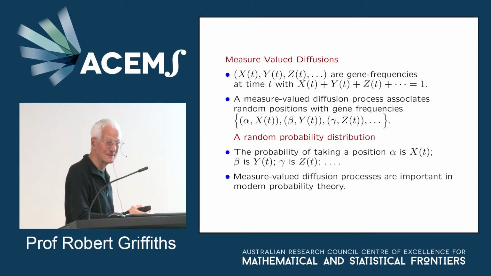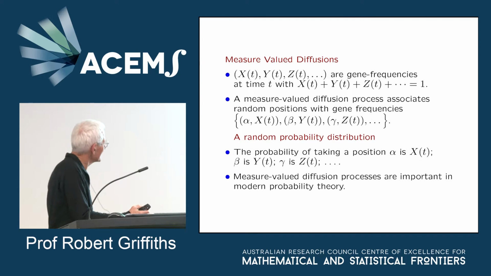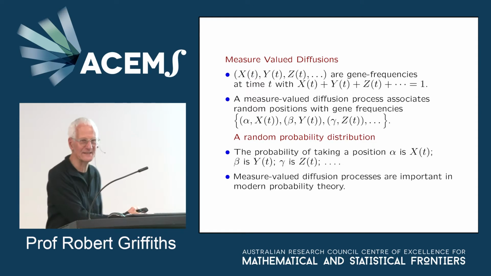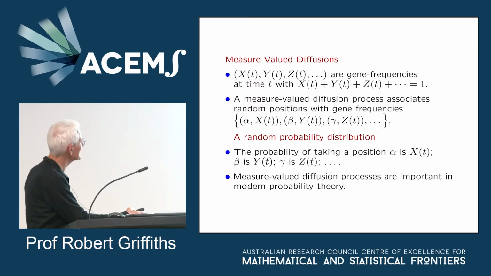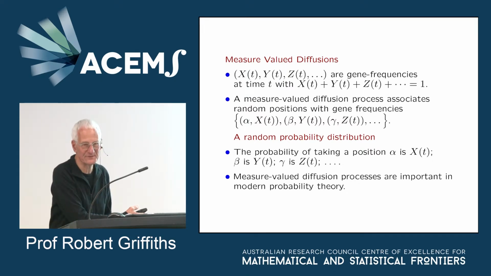Measure-valued diffusions came along, which are important in probability theory. I wanted to describe just briefly what a measure-valued diffusion might look like. Xt, Yt and Zt are gene frequencies at time t, with the sum of these frequencies being 1. They're all relative frequencies, so they sum to 1 here. And a measure-valued diffusion associates random positions with gene frequencies.